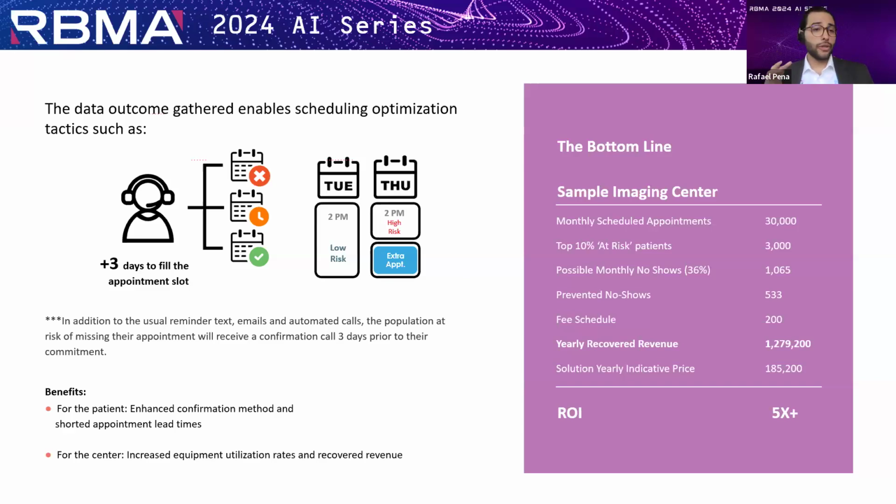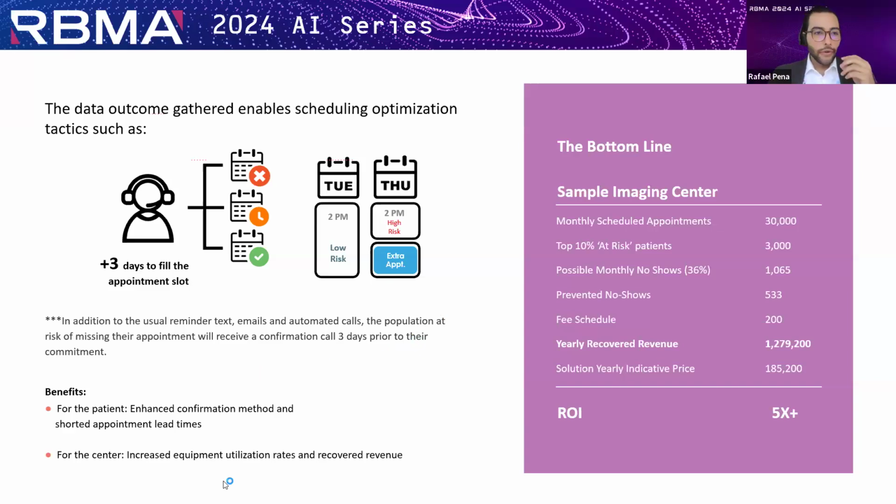And a solution such as this one, considering implementation costs and staff, is around, well, it depends, but for an imaging center of this size it is about $190,000, which yields an ROI of 5 times the investment, realized yearly.